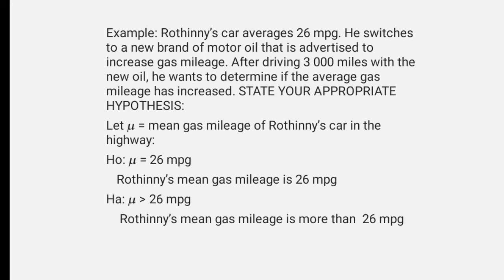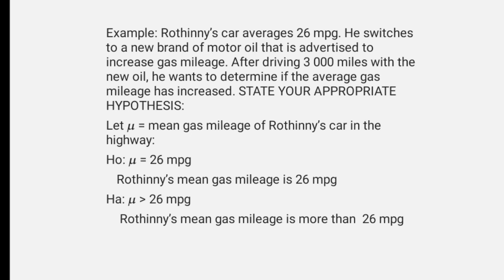And in every word problem in statistics, you need to be able to understand how to find keywords that you will use as a clue to write your correct alternative hypothesis. In this case, while reading the word problem, we know that he wants to test if the average gas mileage has increased after he used the new brand of motor oil for his car.